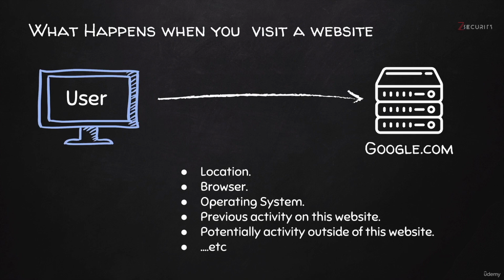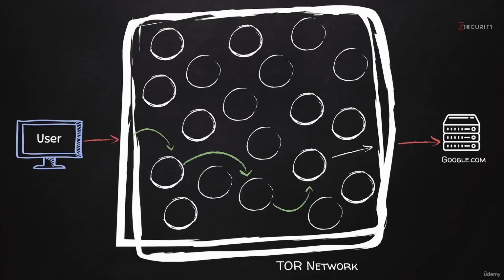So, what's the solution? Well, Tor is actually a pretty good solution to prevent this. So, when you connect to Tor, you can imagine Tor being this really big network, and it has a large number of servers, so each circle in here is literally a server in the Tor network.